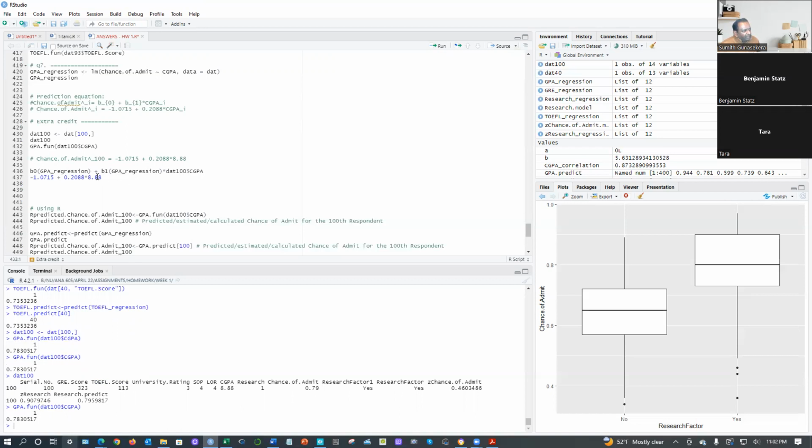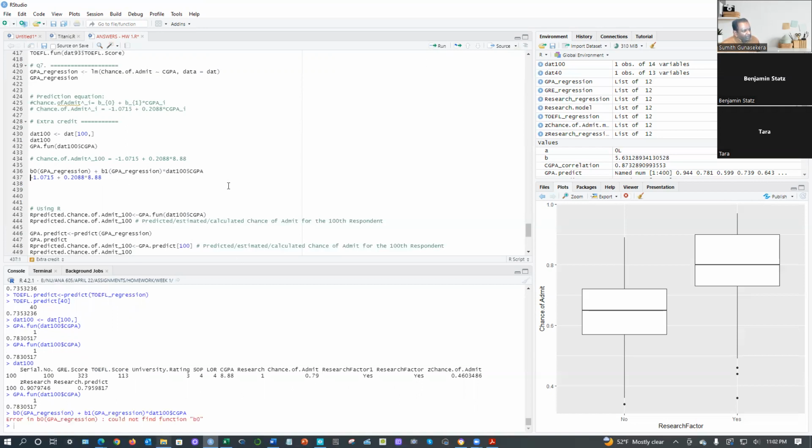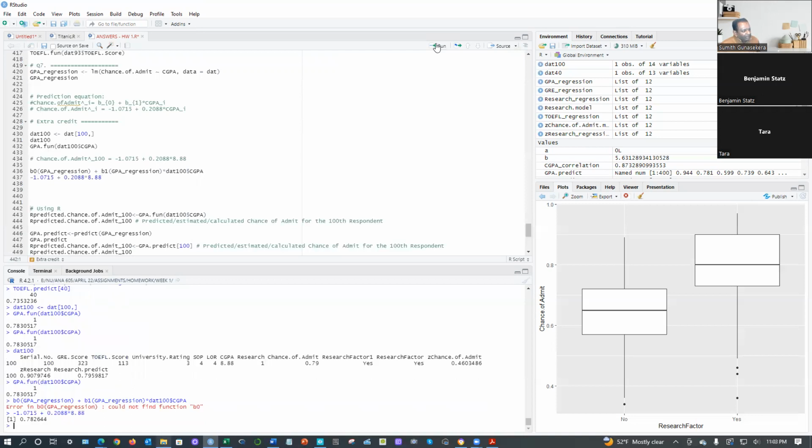B naught earlier was working, that's the same thing. If this person's GPA is 8.88, I'm going to plug into this one, B naught and B1, we know. 0.78 to 6.